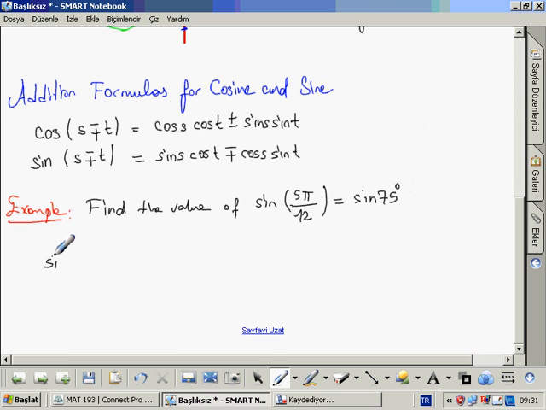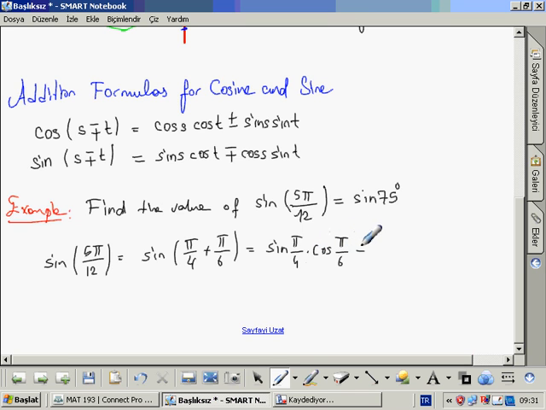We can do sine 5 pi over 12 equals sine of pi over 4 plus pi over 6, and it equals, from the formulas, sine pi over 4 times cosine pi over 6 plus cosine pi over 4 times sine pi over 6.